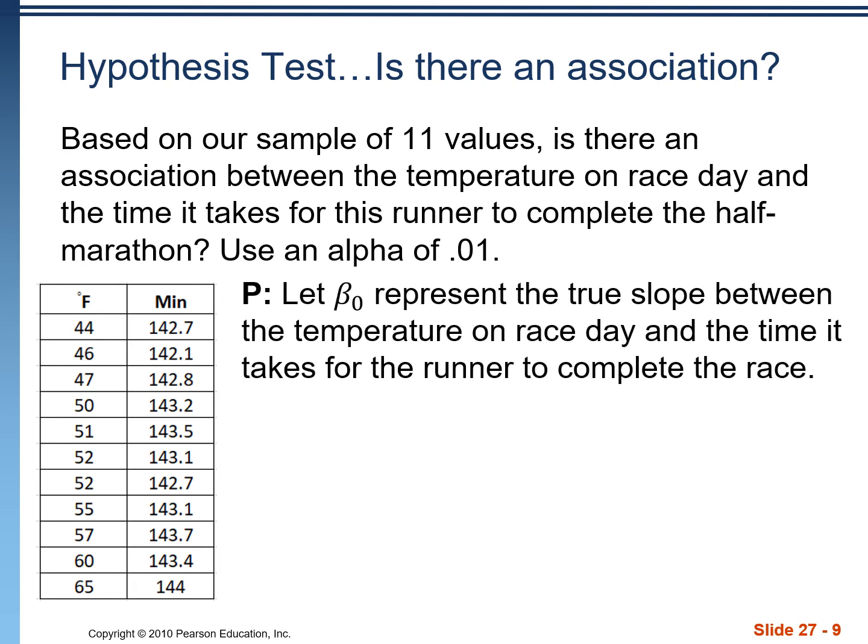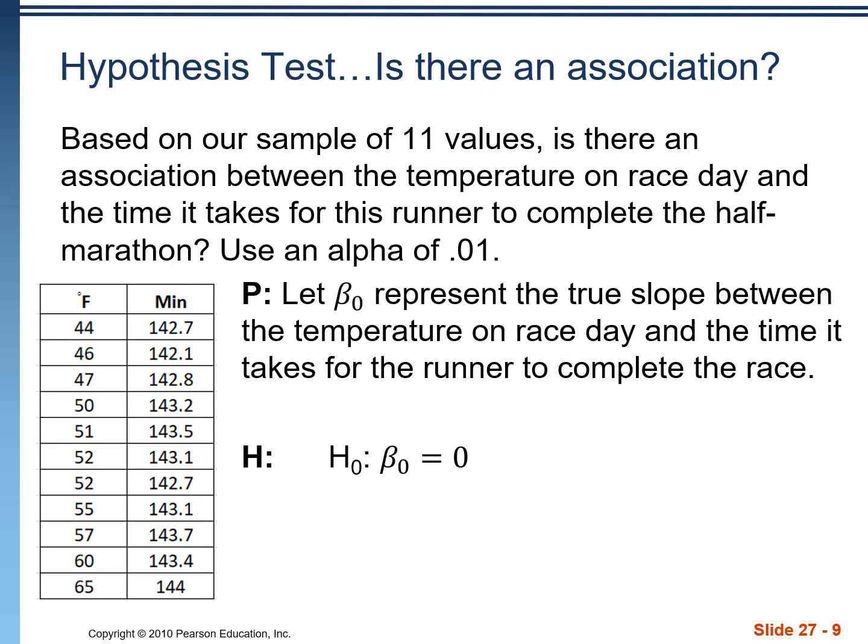We're back to having a P in PHANTOMS. We would say let beta 0 represent the true slope between the temperature on race day and the time it takes for the runner to complete the race. Our null hypothesis is always that beta 0 equals 0. The true slope equals 0, meaning that there's no association between those two variables. A slope of 0 would be perfectly flat, meaning it's not positive, it's not negative, they're not associated.